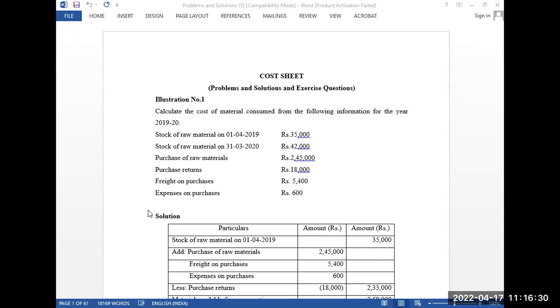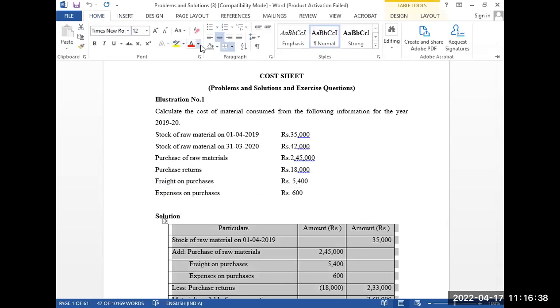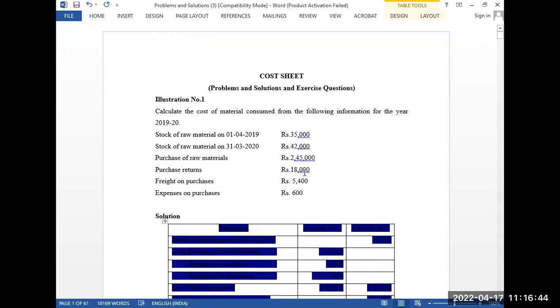Can you calculate this? Take 2 minutes time and tell me answer.